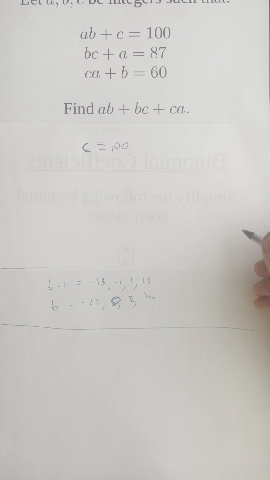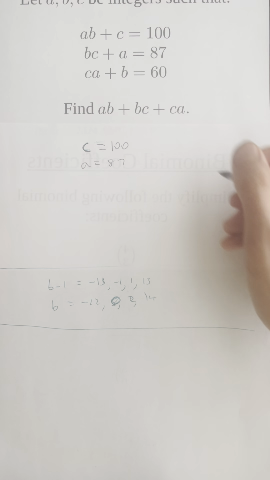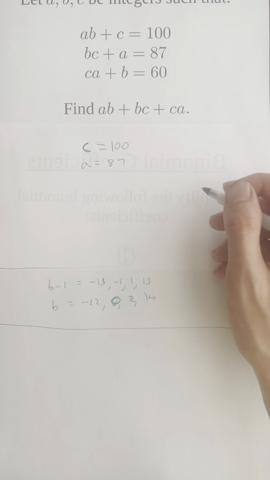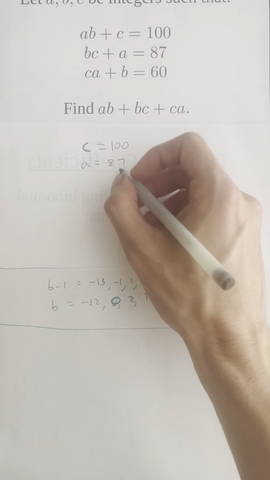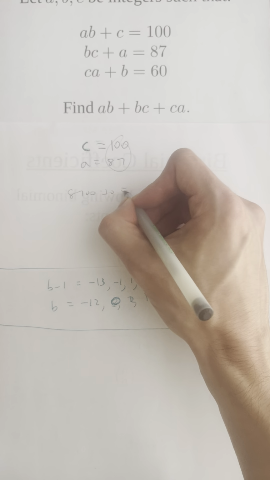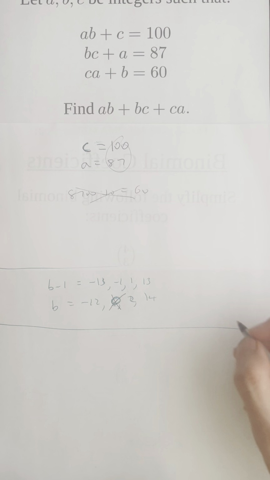Then a is going to be 87 from the second equation. Now, is the third equation going to be true? Well, c times a is 8700 plus b, which is 0. Is this equal to 60? No. So that means 0 doesn't work.